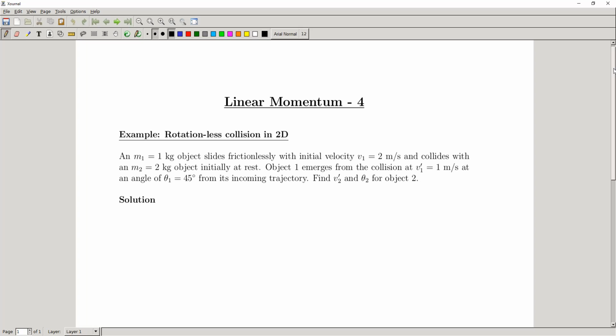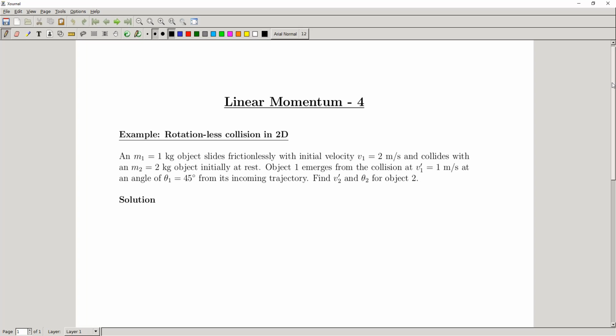Then, after the collision, object 1 emerges from the collision with a velocity v1 prime equal to 1 meter per second at an angle of 45 degrees from its incoming trajectory. And we want to find what v2 prime and the angle theta 2 are for object 2.